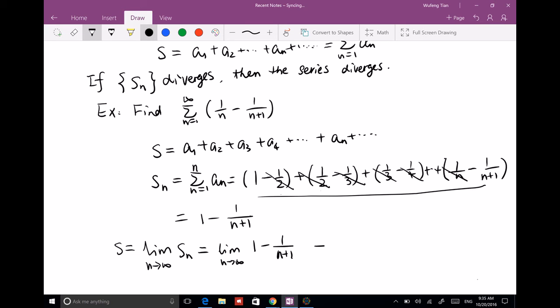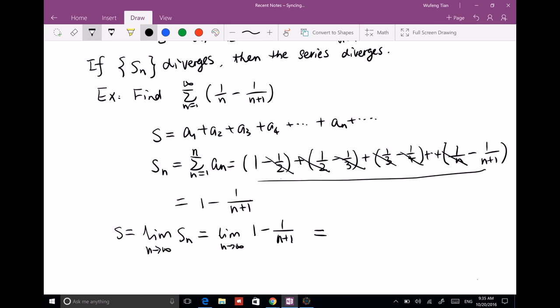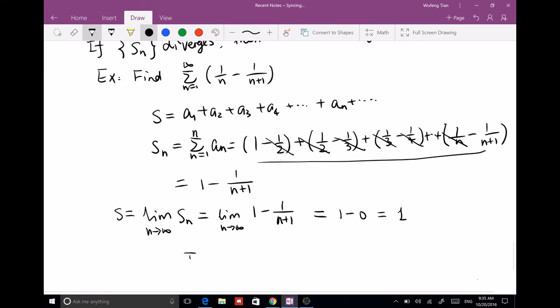Now you can tell me what this is. As n goes to infinity, 1 over n plus 1 equals 0. So this is 1 minus 0, and the final answer is 1. The series converges to 1. Okay, does it make sense?